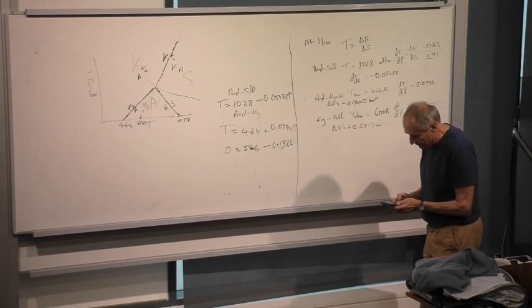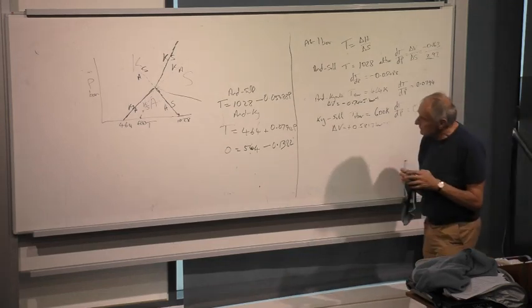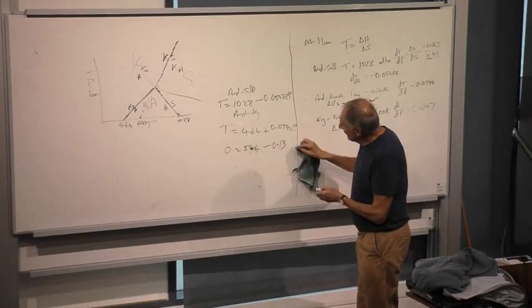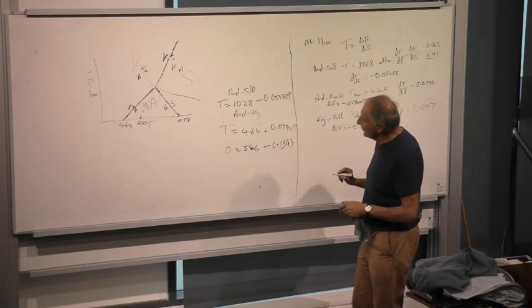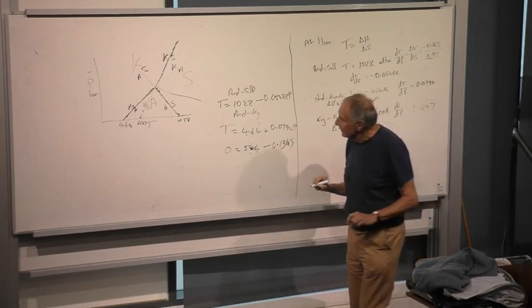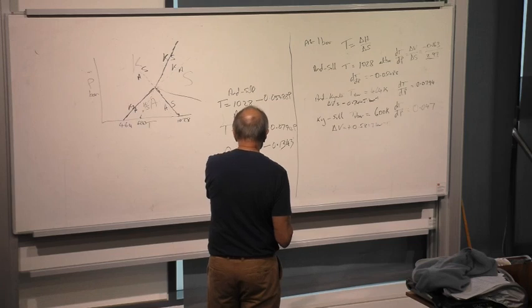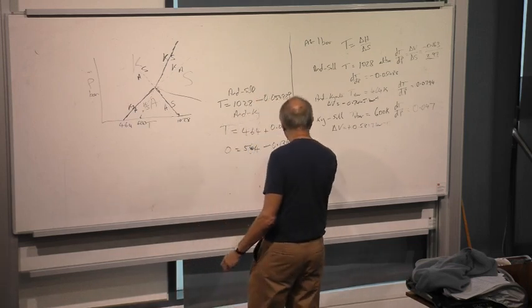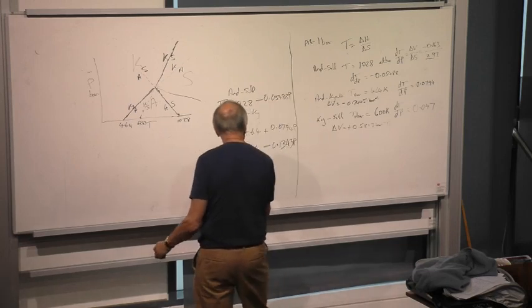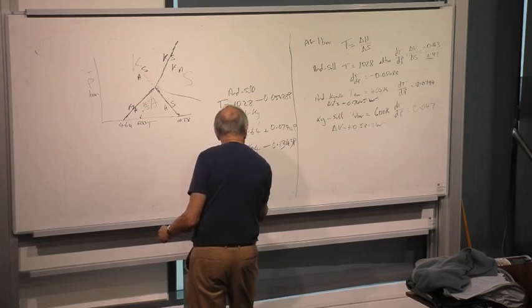Like 1328, 428, 13. Call it 1343. So P equals 564 over 0.1343.